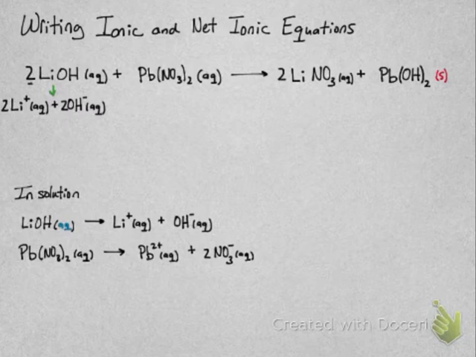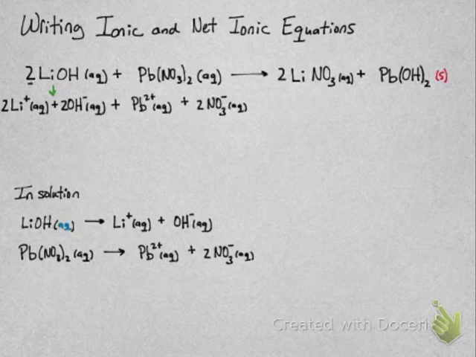And just to mention, since there is a 2 in front of the lithium hydroxide, we need to put 2's in front of both the lithium and the hydroxide in the separated ions. And then we can write the lead nitrate as shown, Pb2 plus and 2 NO3 minus. And this, of course, goes to products.